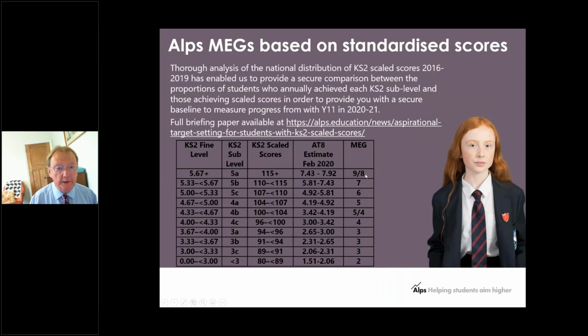And finally, there's a full briefing paper available on the ALPS website dealing with all of this issue in considerably more detail, and you might like to access that at your leisure.